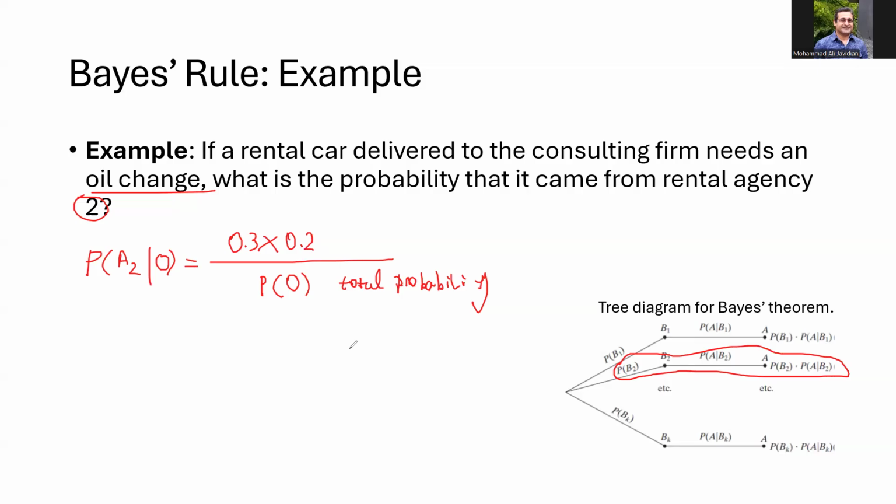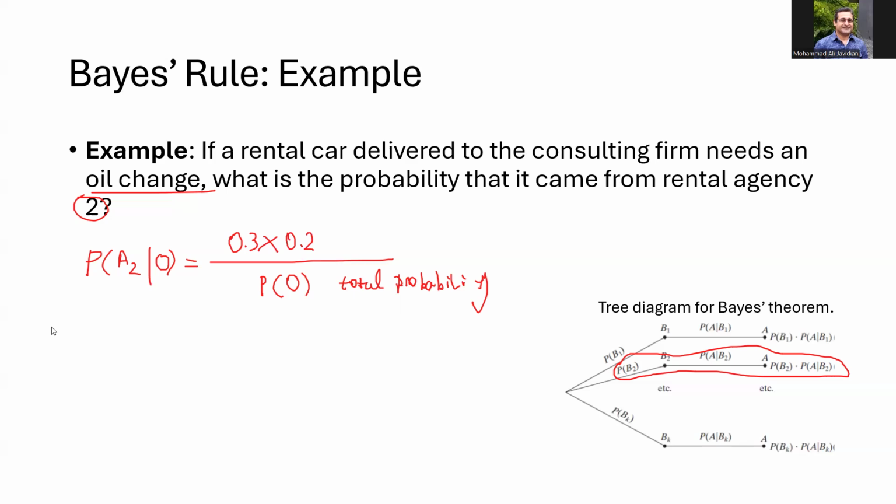So the numerator is just the multiplication of the probability of the given subspace times the conditional probability, divided by the total probability. That's the Bayes rule, which is the building block of the Bayes classifiers.